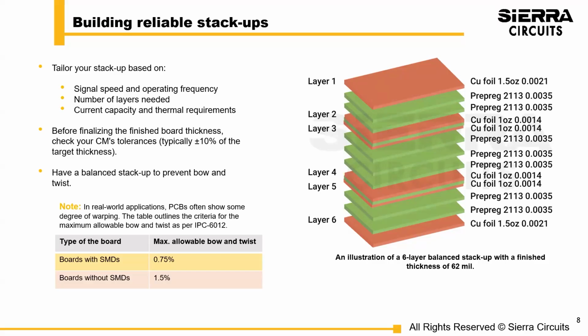Also ensure symmetry in your circuit board stack-up because this prevents bow and twists. Usually PCBs show some degree of warping, and that is why we have a table here that outlines the criteria for maximum allowable bow and twist as per IPC 6012.